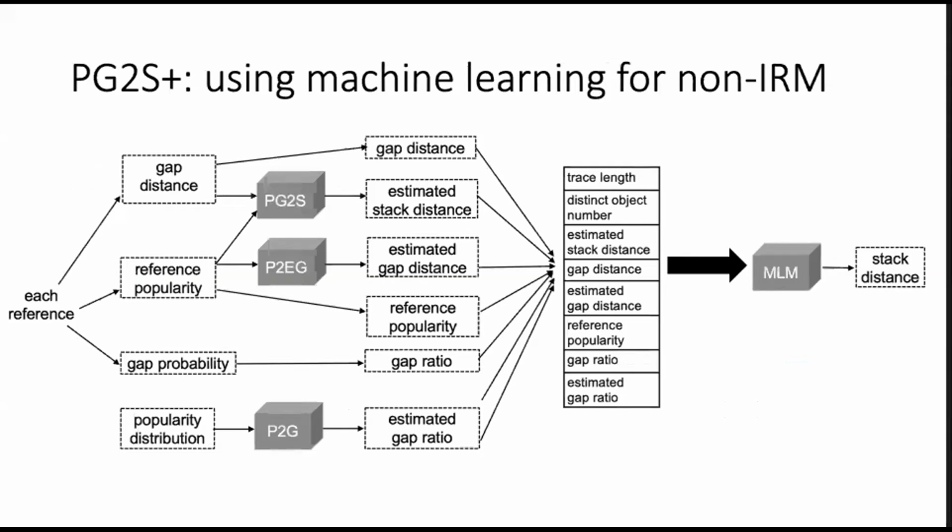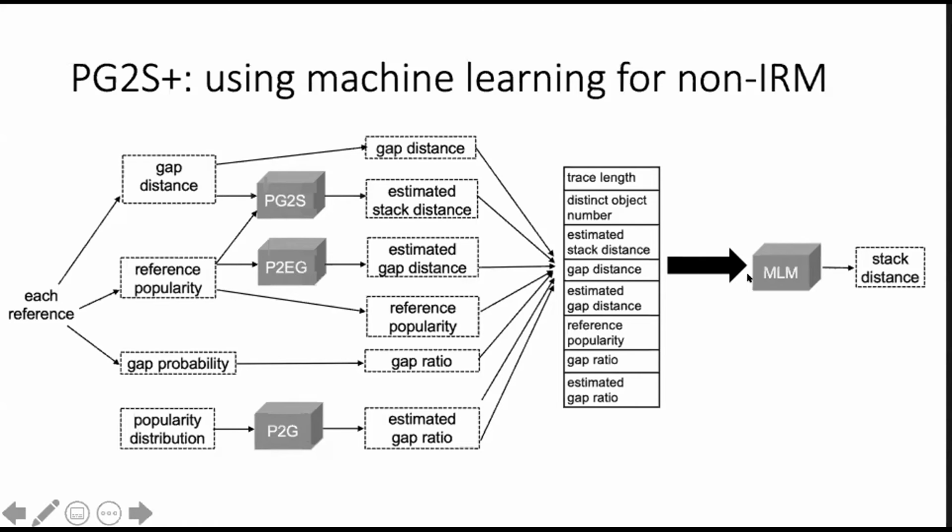So in PG2S plus, we utilize these discrepancies. PG2S plus consists of 4 components: PG2S, P2EG, P2G, and machine learning models.